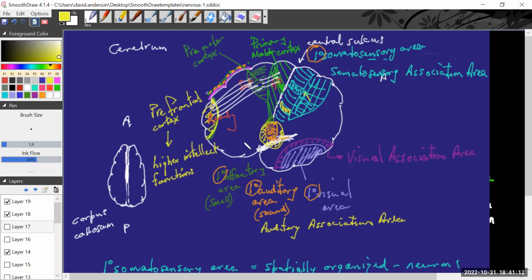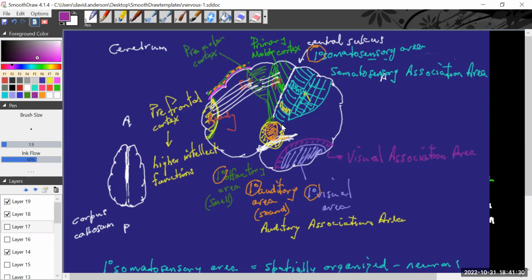Okay, now I just want to finish up with 2 more areas in the left hemisphere, and then we'll be done. These are areas associated with speech. They're typically found in the left hemisphere only, the one we're looking at here.